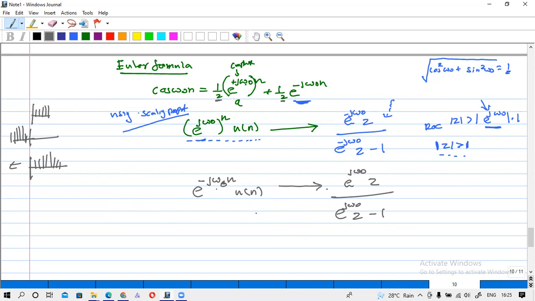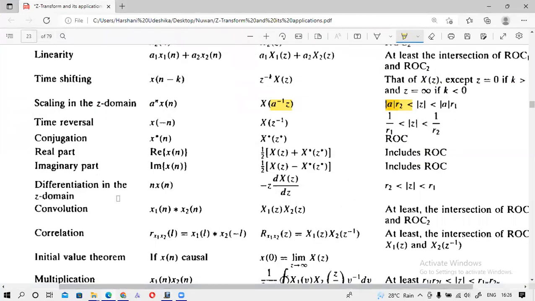But if it is a time reverse signal, can you remember what we get? We will get Z to the power minus 1.